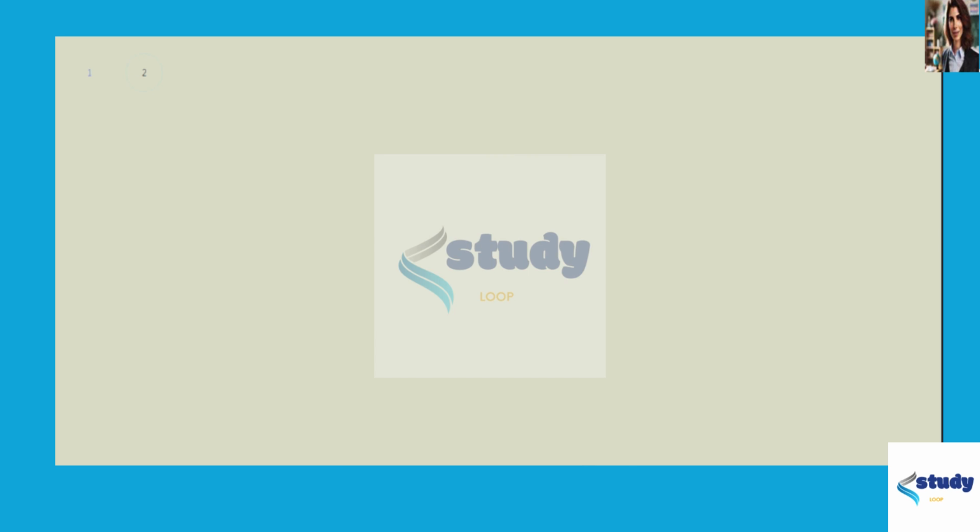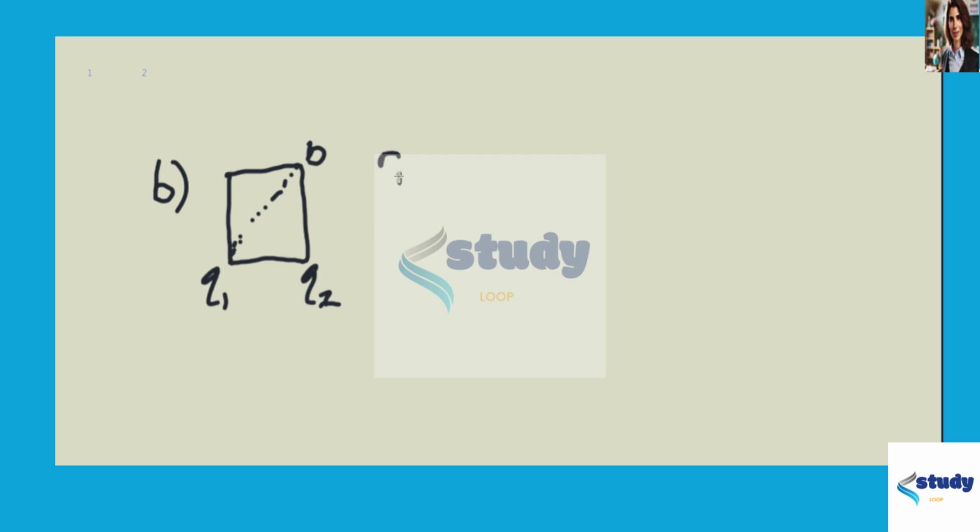So now if we move on to part B, the book is asking us to find the voltage up at the top of our square at point B. So just to remind you, this is point B, this is Q1, this is Q2. Okay? And we already found that this length here, which is R1 in this case, is equal to 0.0424 meters.